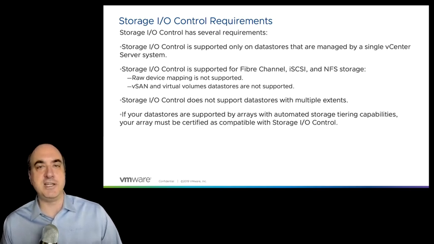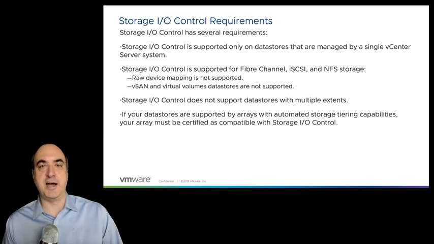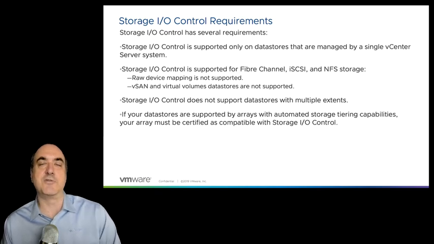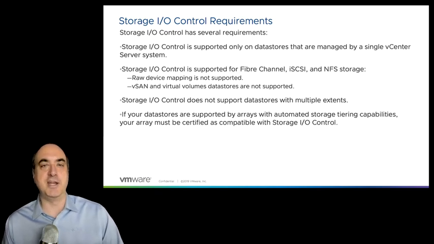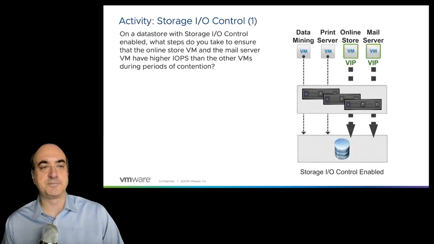So as long as the array is actually informing vSphere of what it's doing, typically through VASA, then that makes sense. But if it's just an array doing auto-tiered storage tiering without informing vSphere, doing all this behind the scenes, then storage IO control can't see what the auto-tiering is doing, and it will probably have a negative impact in the end.